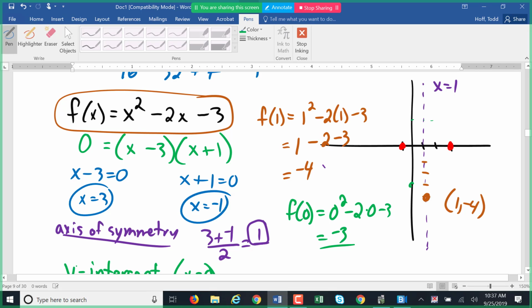So that point 0, negative 3 is the y-intercept. Now we go 1 unit to the axis of symmetry, so 1 unit on the other side. There's a point on the other side as well. And now we can graph our parabola through those points, like that. Any questions?